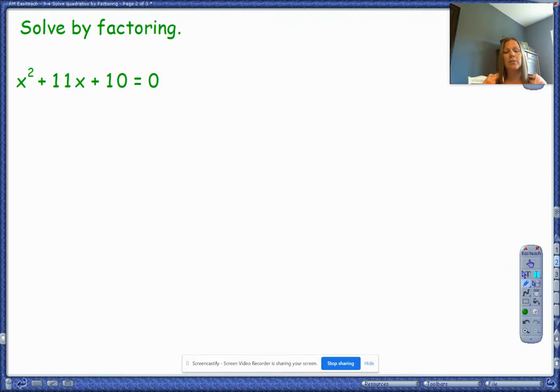Now here's another example, but this one's not factored for us, so we have to factor it. If you remember, we multiply our a value and our c value, right? And you list the factors of that number. So my a is 1 times 10.